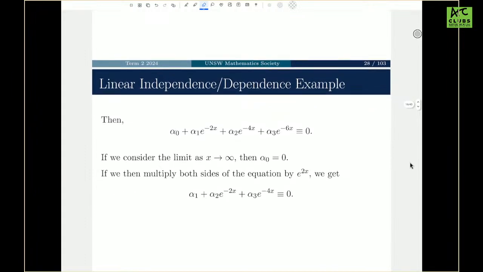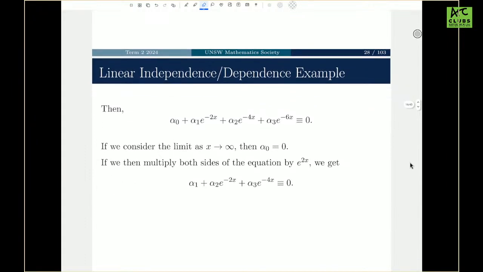Okay, then if we multiply both sides by e to the 2x, we get this. That's because we can just disregard this alpha 0 here. And now if we do the same thing by considering limits as x approaches infinity of both sides, the right-hand side is obviously going to be 0.